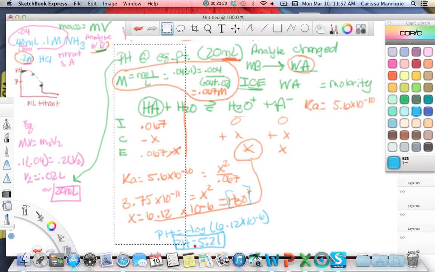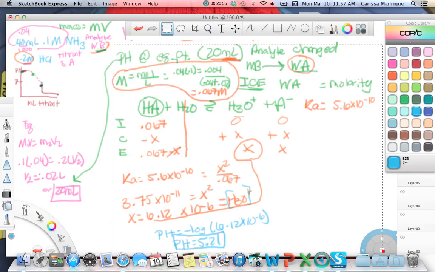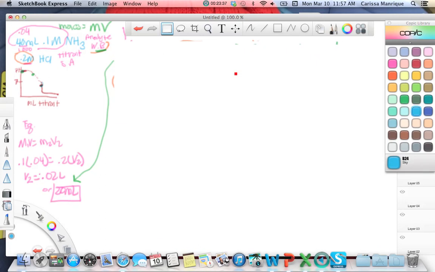Let me delete this. Now I think this one's the easiest because it's just like a strong acid, strong base. So after equivalence point, if our equivalence point is 20, let's say after 25 milliliters have been added.